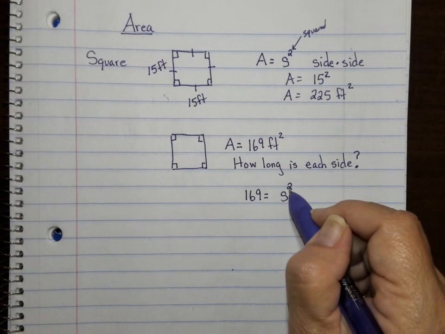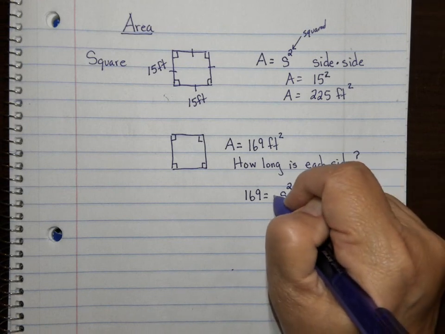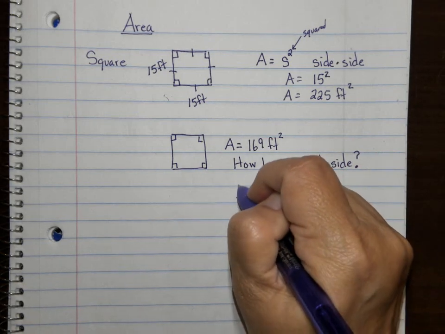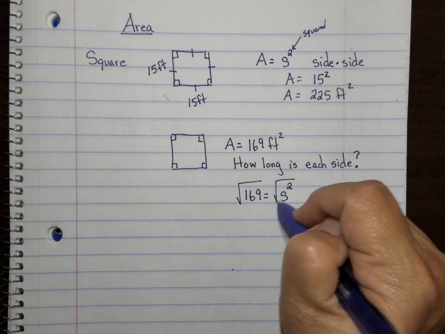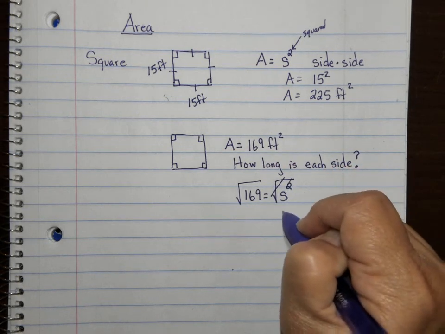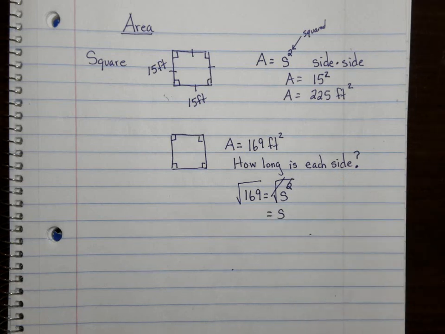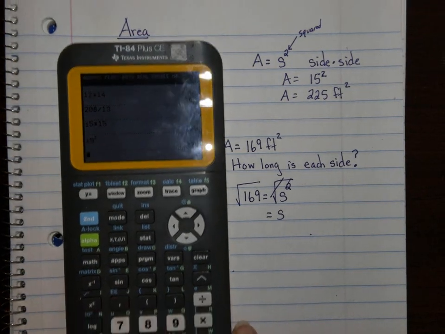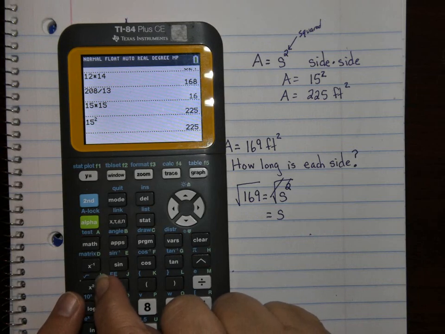And so do you remember how we undo a square? We do the square root. So we do the square root on this side and the square root on this side. Square and square root undo each other. S is by itself. When you're solving an equation and you get the variable by itself, that's the time to use your calculator. So you're going to do your square root sign right there.